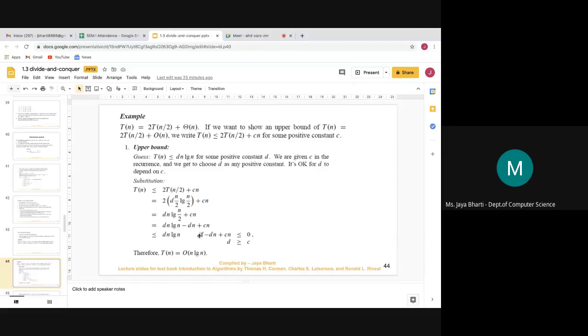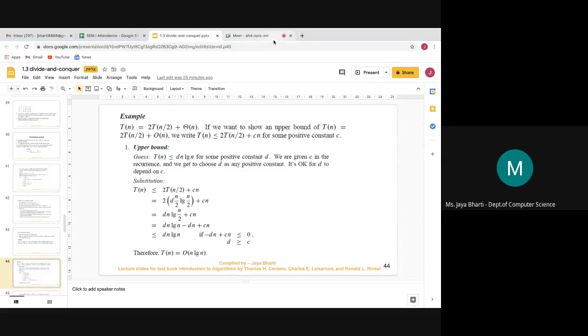And now because we are going to compute the upper bound, you will write that this whole term is less than or equal to 0. Why do we do that? Because this T(n) value should be less than or equal to dn log n. Okay, and we can see that dn log n is already there, so we need to equate this remaining value to 0. So that's why we have written minus dn plus cn is less than or equal to 0.